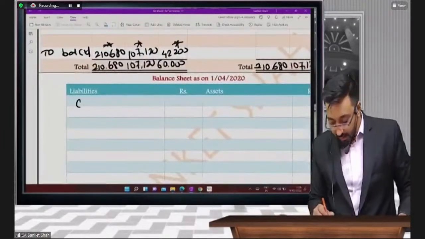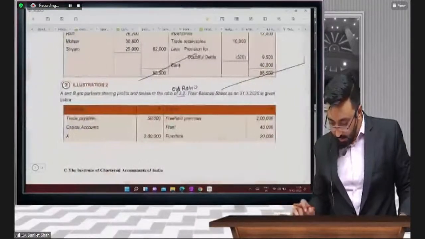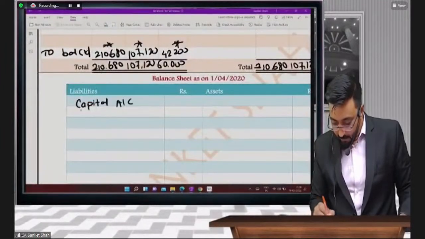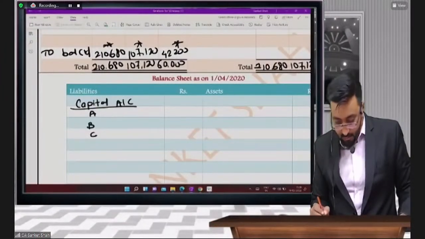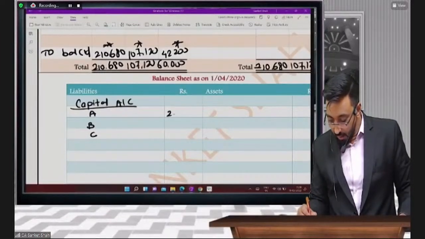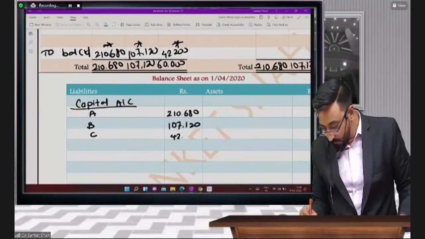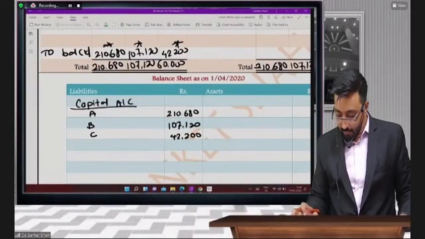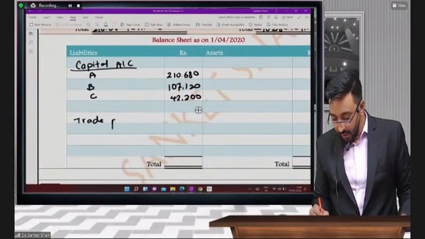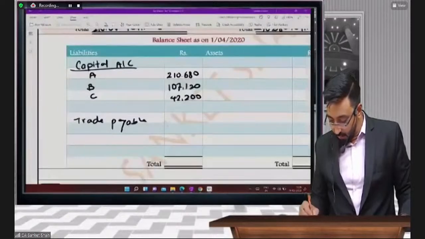So now we will write it in the balance sheet. Capital account: A, B, C, 2,10,680, 1,07,120, 42,200. Then trade payable. There is no change in the trade payable figure, sir. So trade payable as it is 50,000.